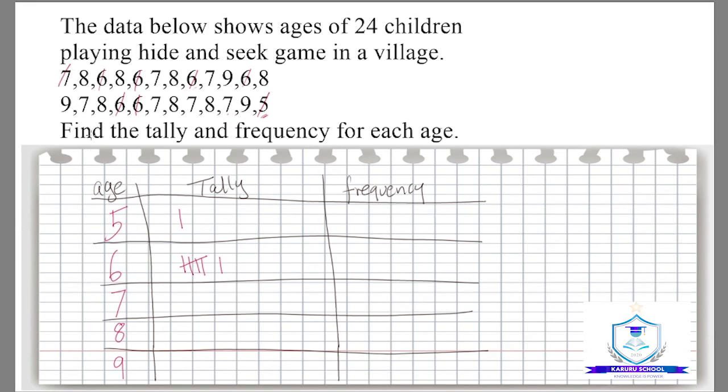So we have one 7 here, we tally 1, we have another 7 here, we tally another 1, we have 7, we tally, and then we have this 7 here, we tally that 7, then we have this additional 7, we bind the tallies, then we have 7, we have an additional 1, then we have this 7, we have an additional 1. Then seems like we have exhausted all the children whose age was 7 years.